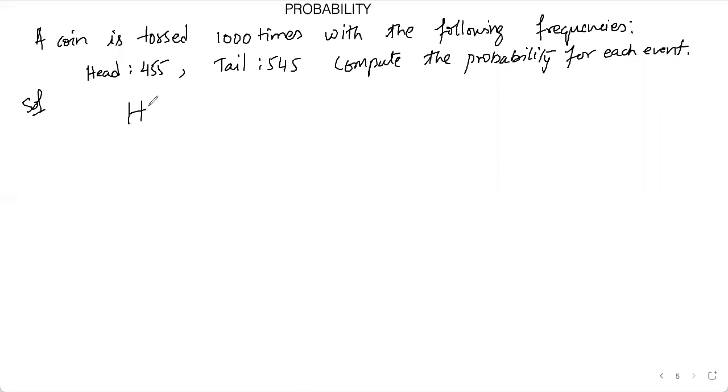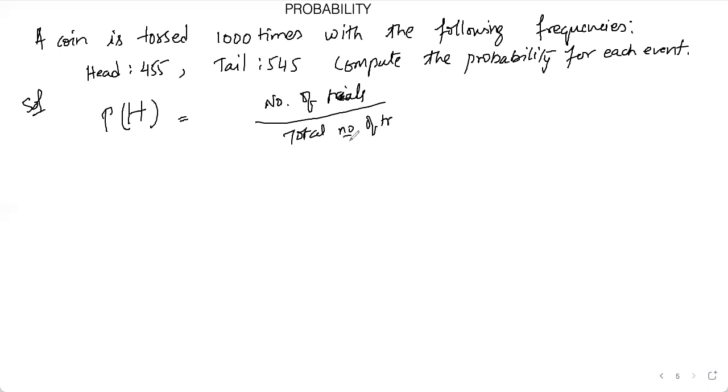The empirical probability formula of getting head would be P of H, which is equal to the number of trials in which head occurred by the total number of trials.